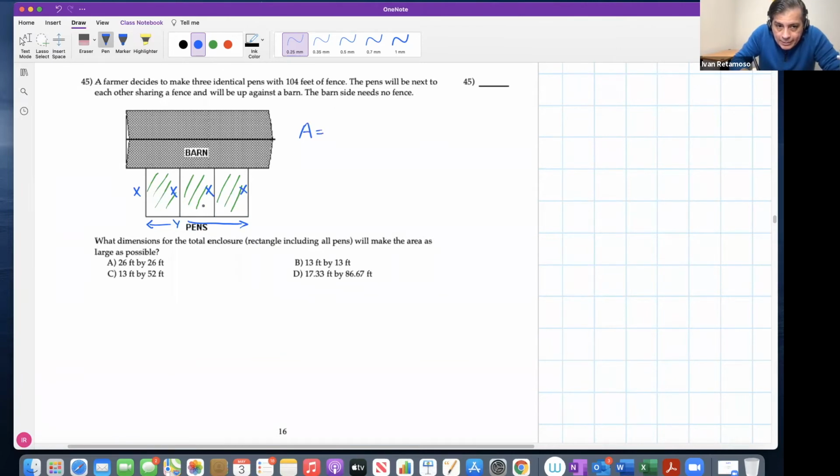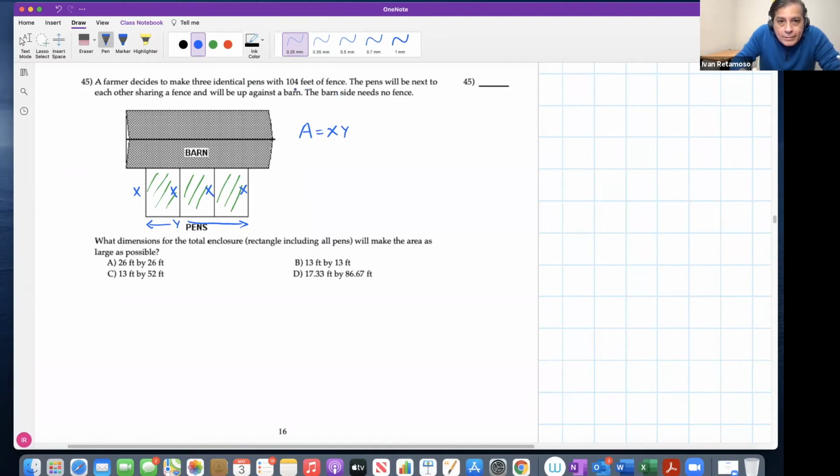All right, so now we have to maximize the area, which is going to be X multiplied by Y. But there is a constraint, a restriction that we must respect, a limitation. No matter how you design this, the material should add up to 104 feet for fencing.